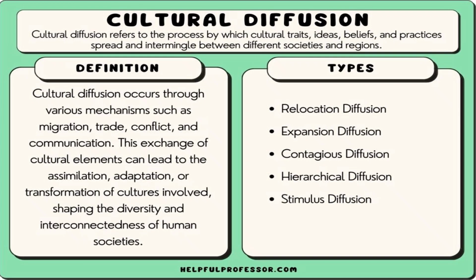If you remember from review number 1, contagious is person to person, hierarchical is big to small, reverse hierarchical is small to big, and stimulus is when only a part of a trait moves.